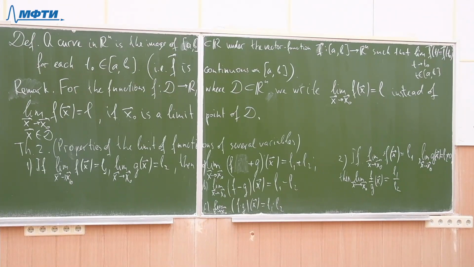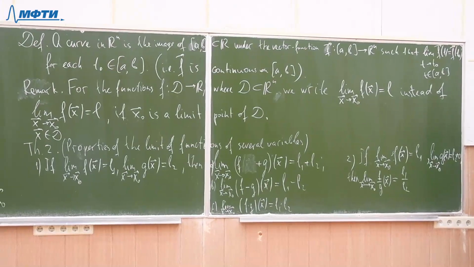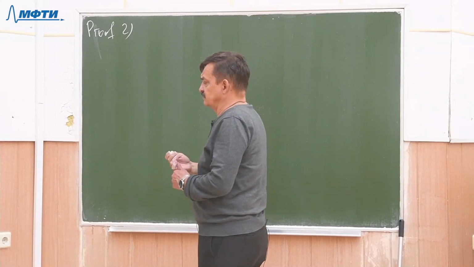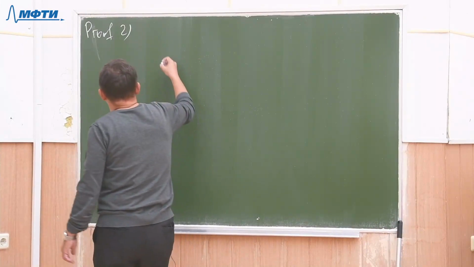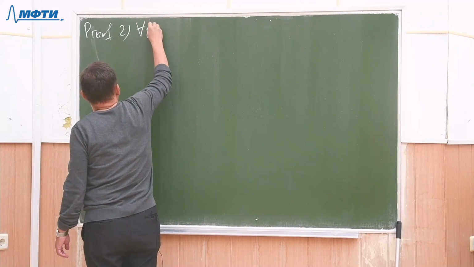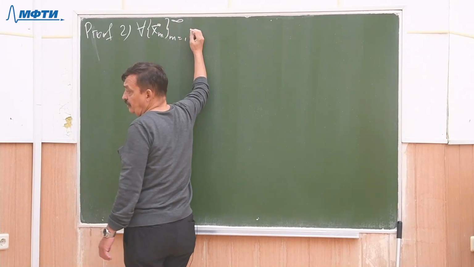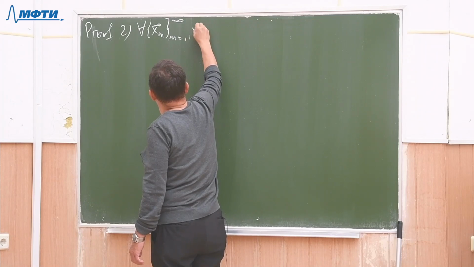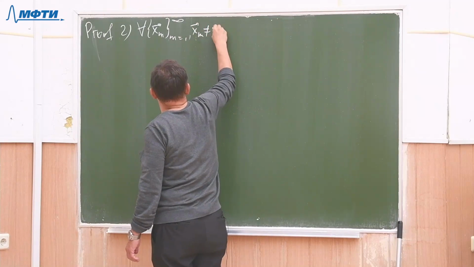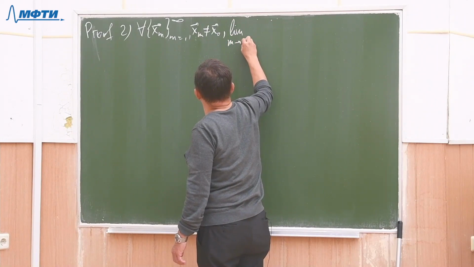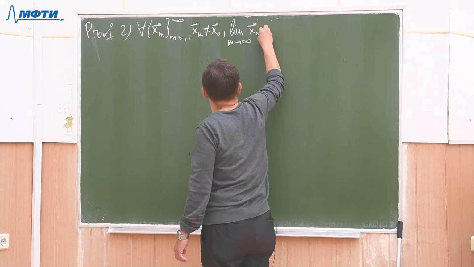The proof is similar, and maybe I'll prove only the second assertion, because it contains some additional considerations. So once again, we take an arbitrary sequence x_m, where x_m are not equal to x naught, and limit as m tends to infinity of x_m equals x naught.